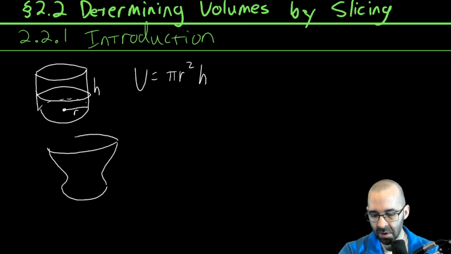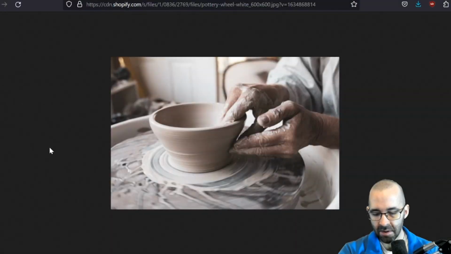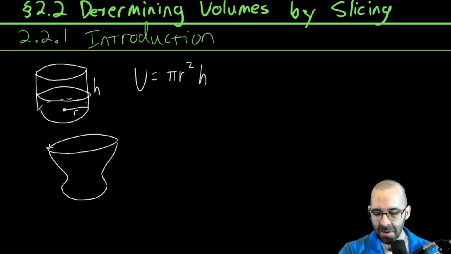So pretend these are the same shape and it's not crooked, and that's our base. We could take a cross section anywhere we wanted, and the way that pottery works, it's going to be circular. Here, it's going to have a small circular radius, and then up here, it's going to be a big circular radius.